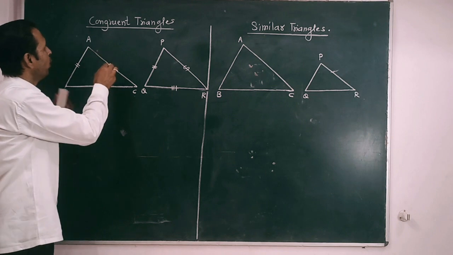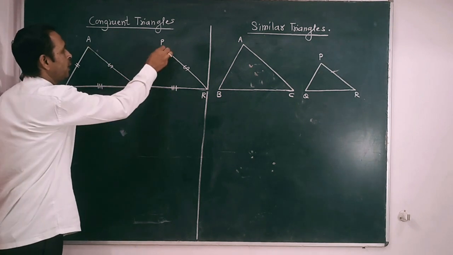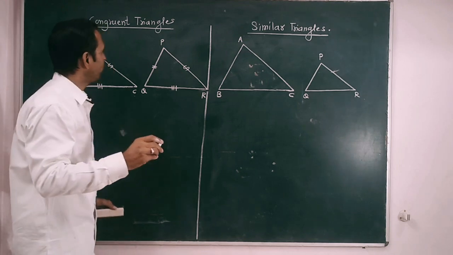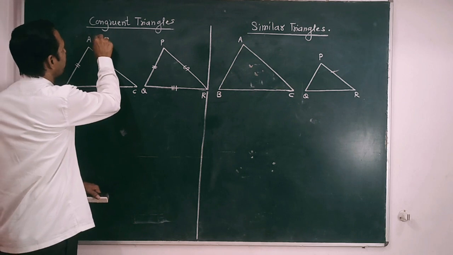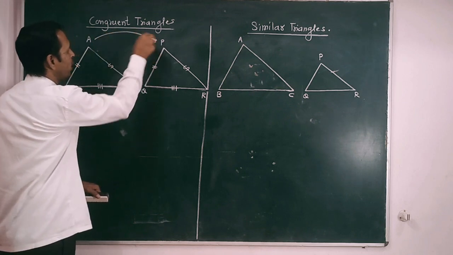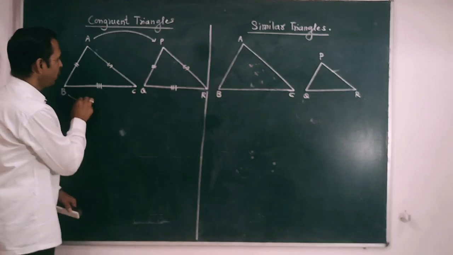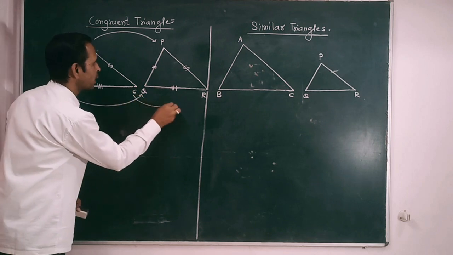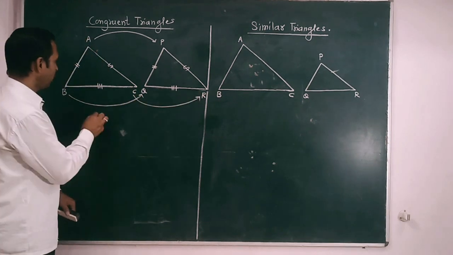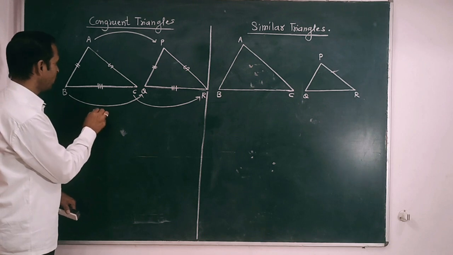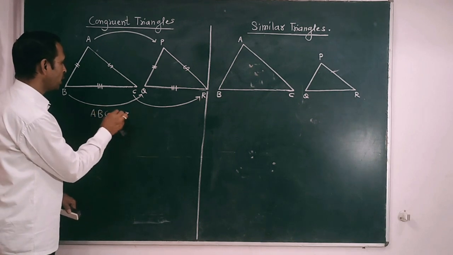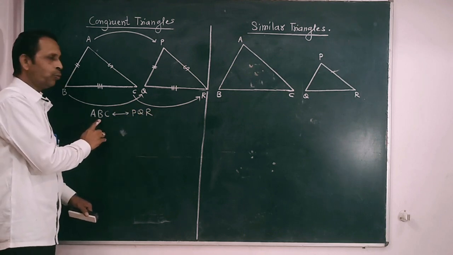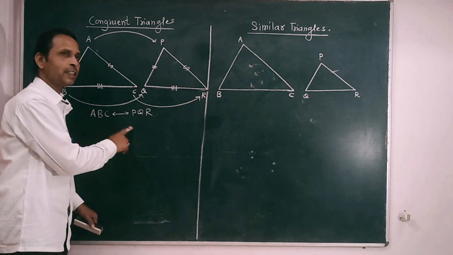Now all of you know that triangle ABC and triangle PQR, when we make a one-to-one correspondence between the vertices of the triangles, suppose vertex A corresponds to vertex P, vertex B corresponds to vertex Q, and vertex C corresponds to vertex R. Means the one-to-one correspondence is like this: ABC corresponds to PQR. This is one of the one-to-one correspondences between the vertices of the triangles.